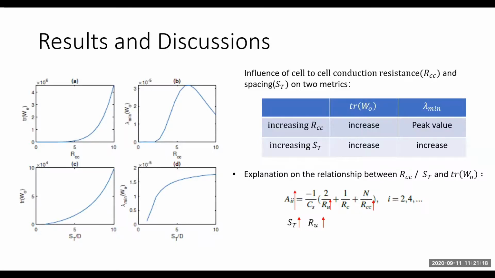Then the trace metric will have a larger value. For S_T, it has been proved that S_T has a monotonic increasing relationship with R_u. Therefore, when S_T increases, A_ii will increase accordingly. With regard to the minimum eigenvalue metric, R_cc has a non-monotonic relationship with the minimum eigenvalue, while S_T has a monotonic increasing relationship with the minimum eigenvalue metric.